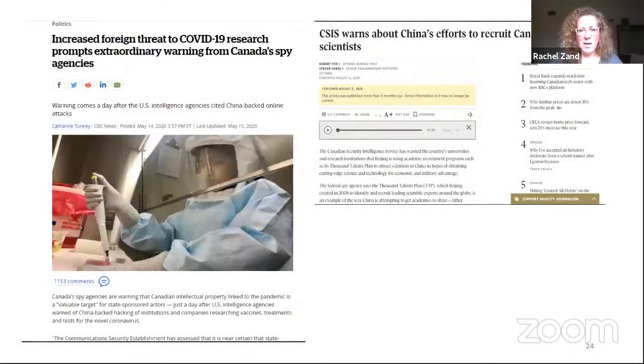So just a brief comment here. We were visited by the Canadian Security Intelligence Service. They came to U of T and to other research institutions to warn us about foreign threats to our data. There's 2 points of concern. One is where there's unauthorized access to data through phishing or hacking, which we're aware of.